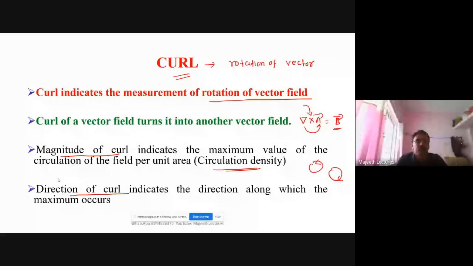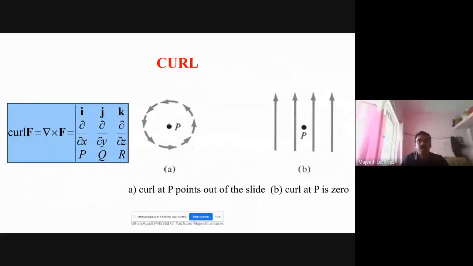So here you see this is curl. This vector is rotating around the point P, so this is curl. Here this vector is not rotating around the point P, so here curl is 0. Here divergence is also 0 because it is not converging towards this point or spreading from this point.